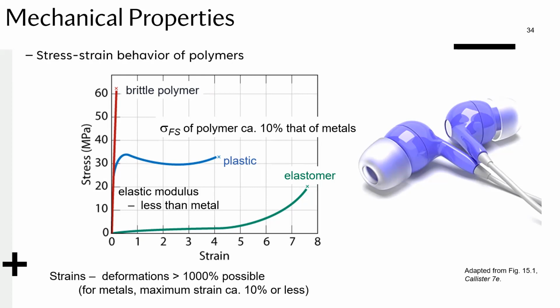You can have elongations as high as a couple hundred percent or maybe even 1,000% elongation, whereas in metals it's maximum a few tens of percent. Now, which of these polymers that we've discussed belong to which group is what we're going to talk about today.